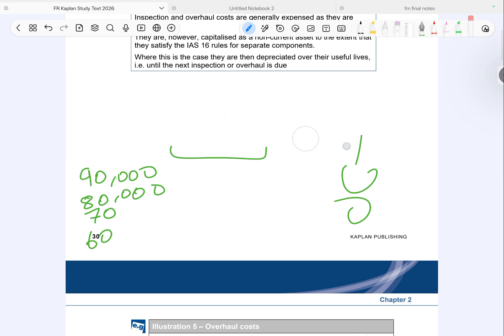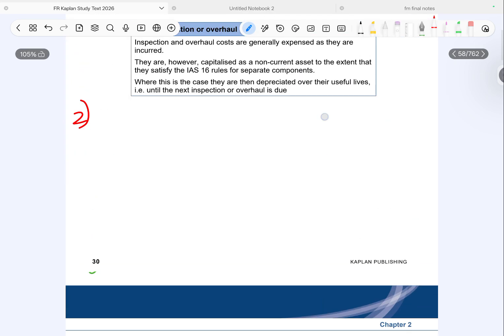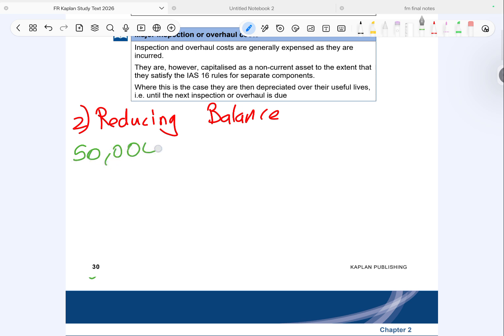Now I am going to be talking about the second method, which is reducing balance. Again, our asset costs, let's take 50,000 this time, and in the question it will be stated that the asset is depreciated using 25% or 20% or 30% on a reducing balance method.